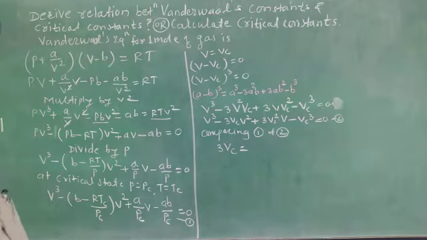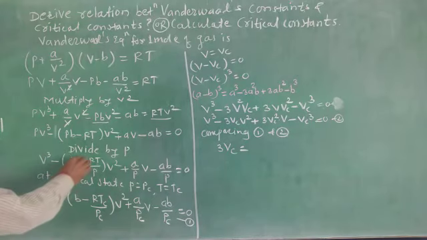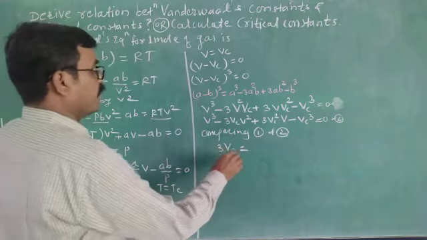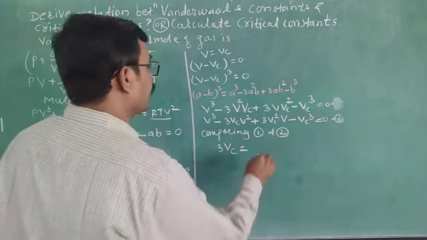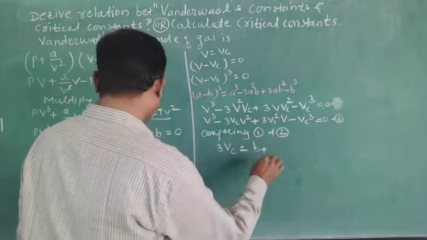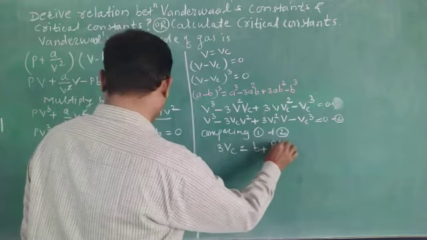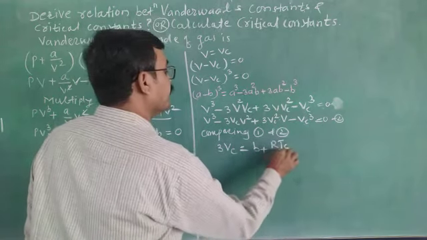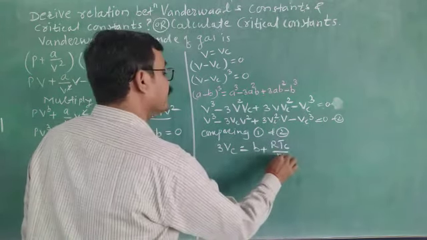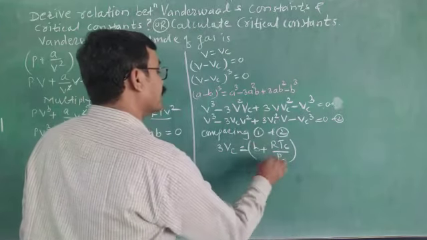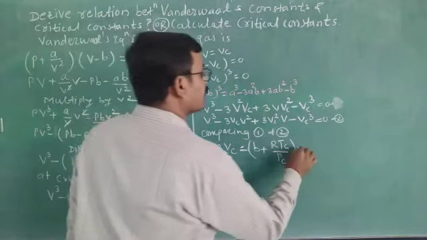Here the minus sign is common, that's why it will be plus. So 3 Vc is equal to B plus RTc upon Pc. This is equation 3.